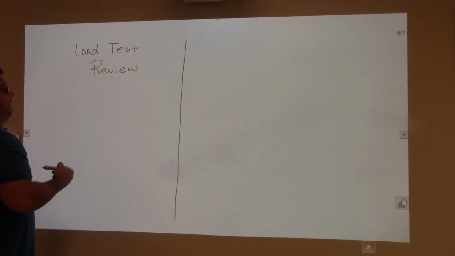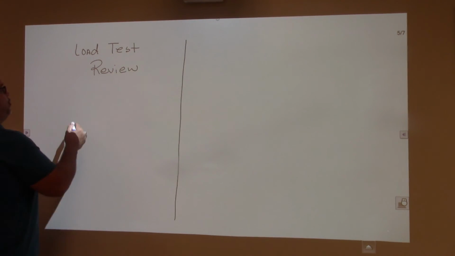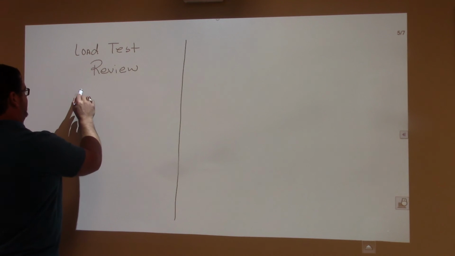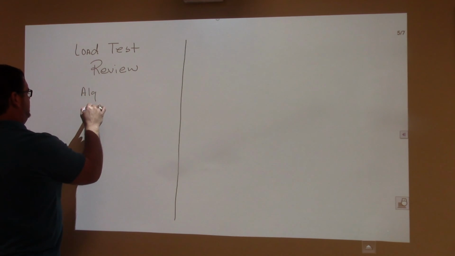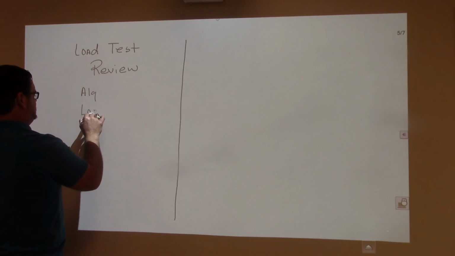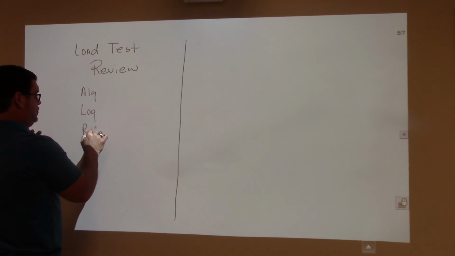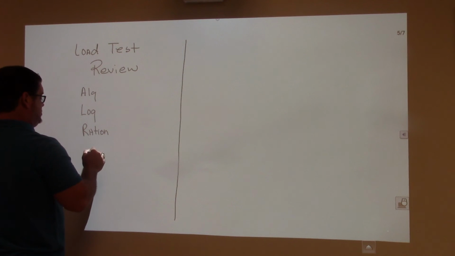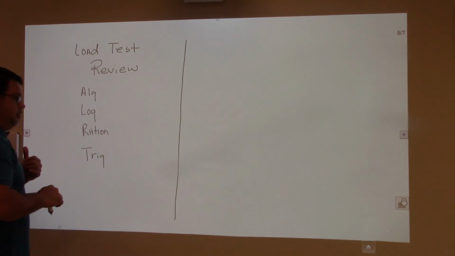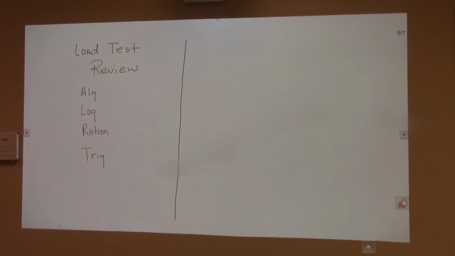I will do that today. Your homework: one of them is called algebra, one is called logs. What's the other two called? Rationalizing and trig. And there's limits, but limits goes on your Unit 1 test.